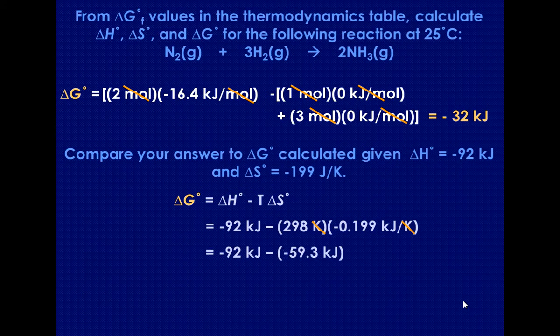And so when I go through and mathematically solve this through, I get that it too is negative 33 kilojoules. And remember, I said above it should have been negative 32.8, so they are extremely close to one another. And so it really will not matter which way you go about solving a particular problem. You can obviously use your free energies of formation, or you can use the relationship between enthalpy and entropy to get your free energy.